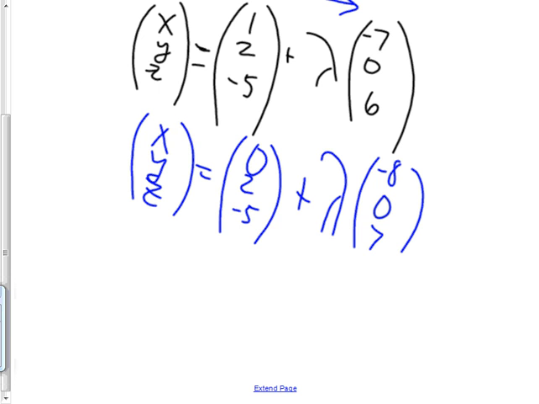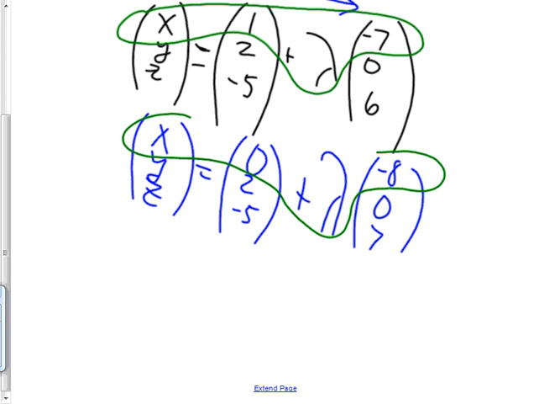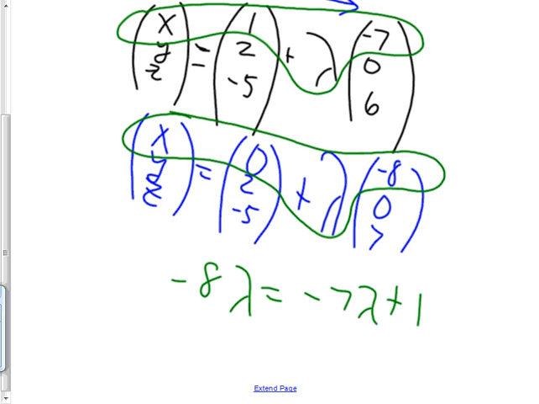All right, so if you just solve the top two equations, if you just look at this one and this one, you're going to get -8 lambda is equal to -7 lambda plus 1. That's the top one and then this one put together. Okay, you can solve that.